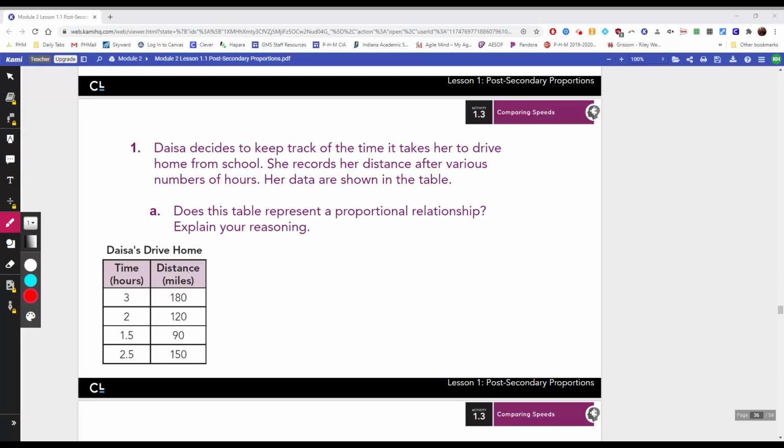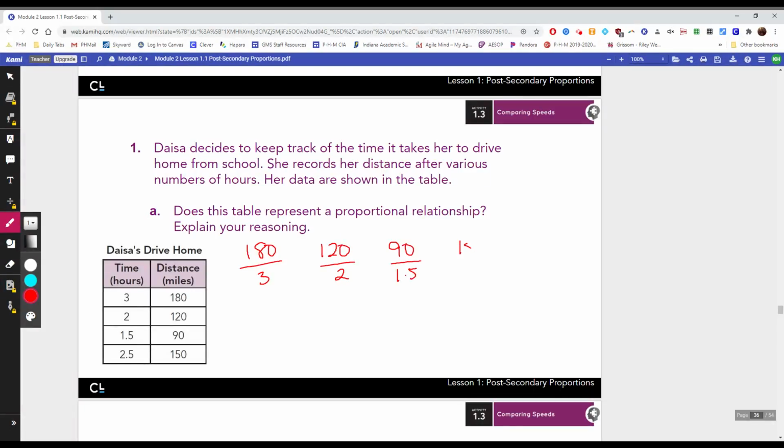So the distance actually depends on the number of hours she drives. So the distance is called the dependent variable in this case. This is the independent variable. So we need to look at the ratio of distance to time. I'm going to write out all these ratios as fractions.